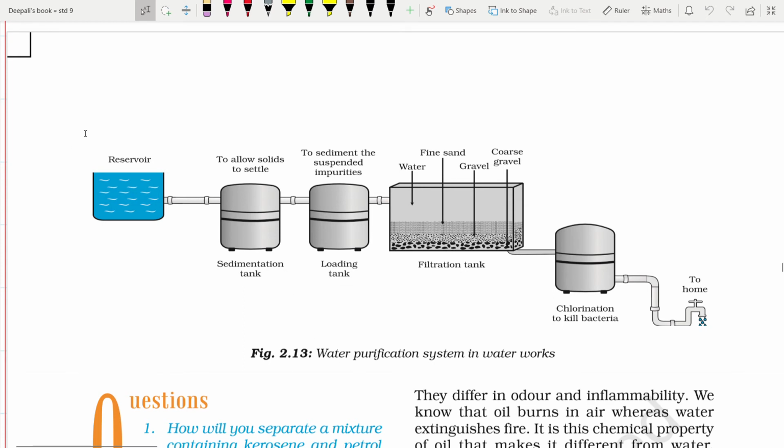This is a reservoir, which could be a well, it could be a river, or it could be a lake. In Bhavnagar, it is a lake.